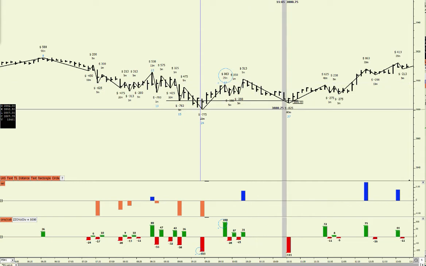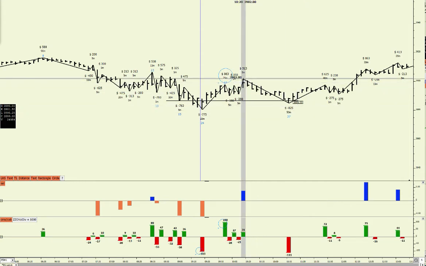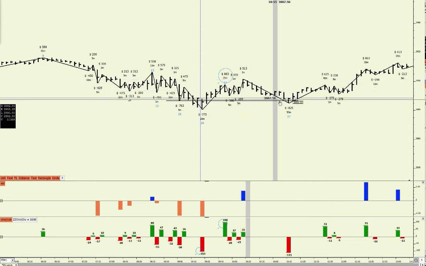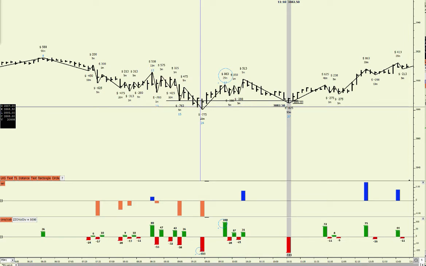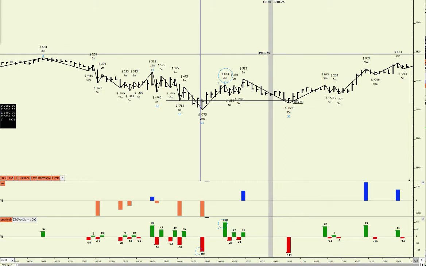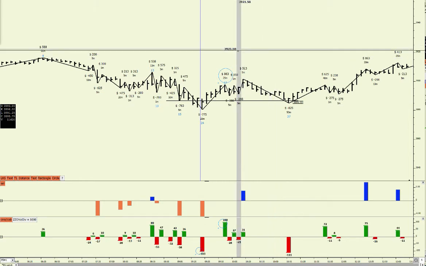So ding ding ding. Now this is where it gets confusing. When it makes that high and comes back down, this is where everybody gets confused, including myself, because you don't know what this behavior is. Is it a continuation of a downtrend? Are they selling? So this is where it gets very, very fishy.